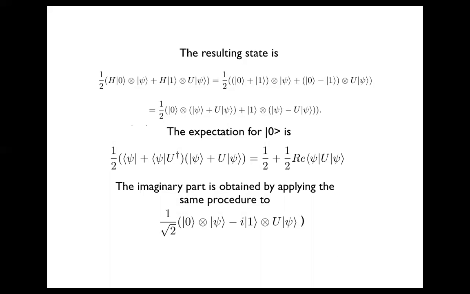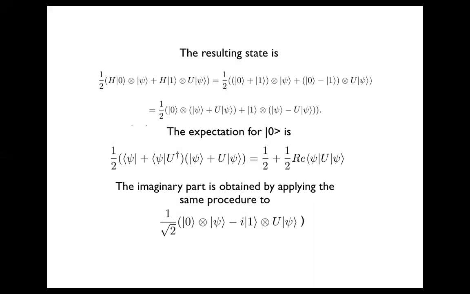And you work that out, and you get psi psi, which is 1, and you get psi U star U psi, and you get psi U psi and psi U star psi, and collect it up. But you see, you get psi U dagger psi and you get psi U psi, and that adds up to the real part. And so it's a simple calculation to see that indeed the expectation is what you want.